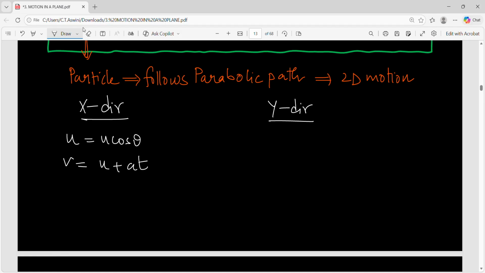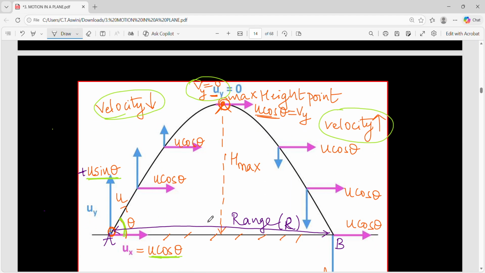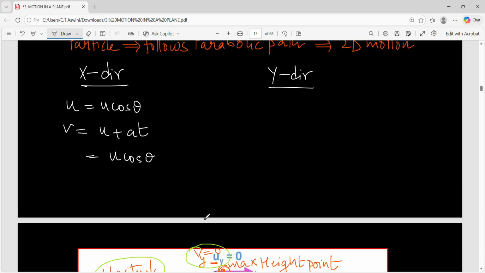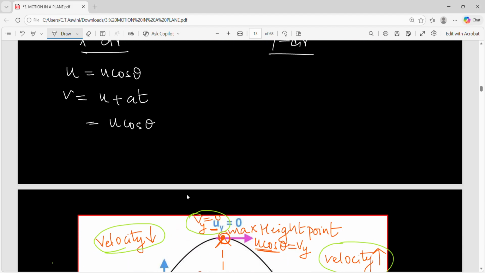So u is u cos theta. What is a here? If you see this diagram, along x velocity is not changing, u cos theta, u cos theta, so change in velocity is 0. So can I say that acceleration in x direction is 0? Since change in velocity is 0, velocity remains constant. So final velocity is just u cos theta only.